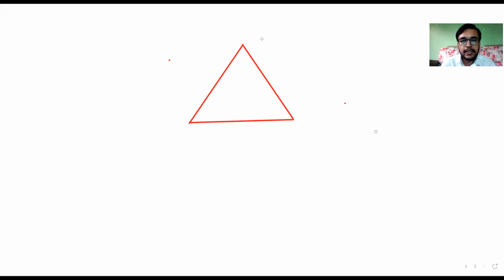This triangle has three sides: side AB, BC, AC. Right? It has three angles: angle A, angle B, and angle C. And it has three vertices: vertex A, vertex B, and vertex C.